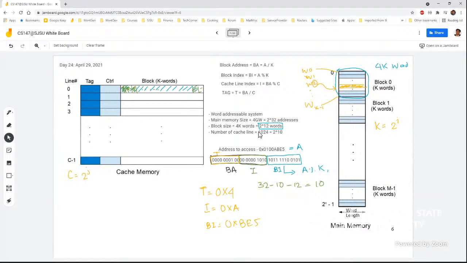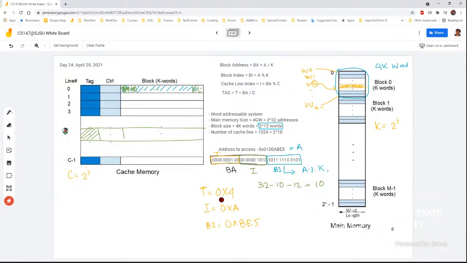So what the system will do is access the cache line A, which is the 10th cache line. Let's say that cache line is somewhere here, number 10. I have some tag, some control bit, and then the entire block.